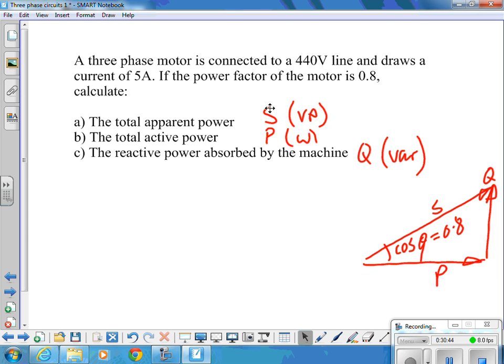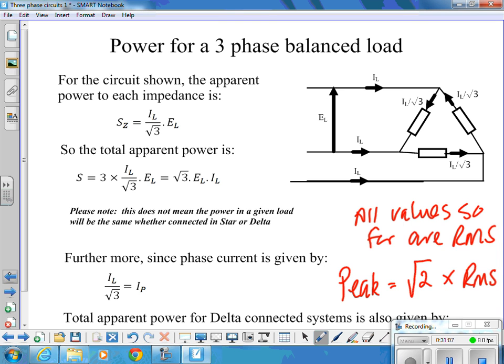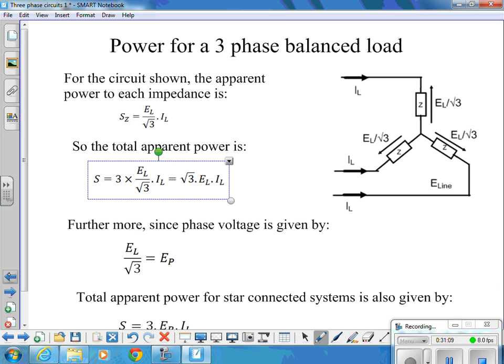Give me the formula, Joe. Does it involve doing anything with the line phase? It's connected in star, right?